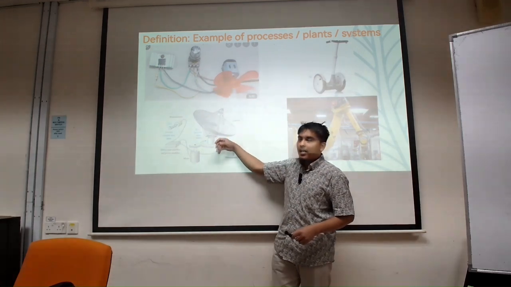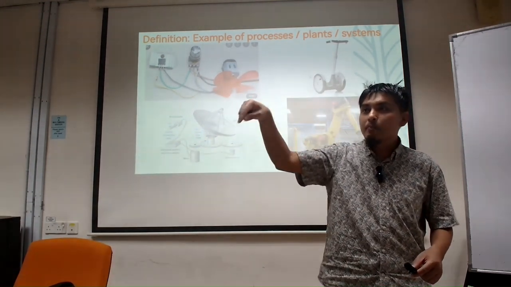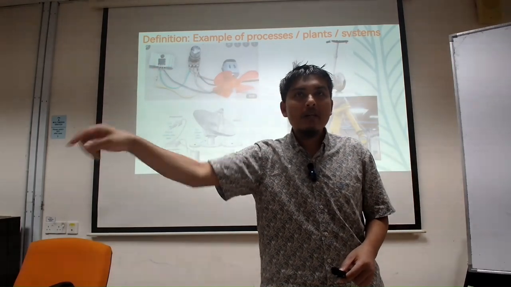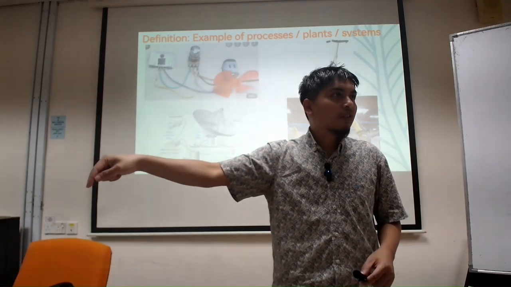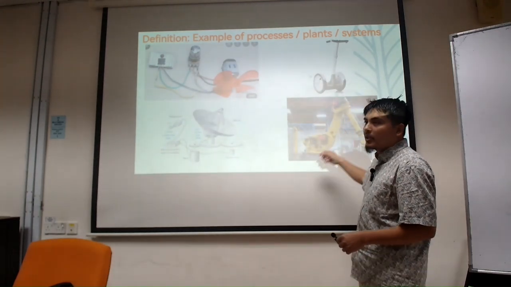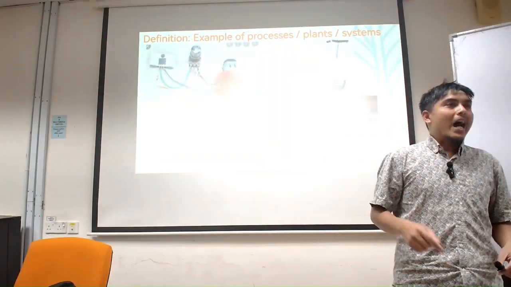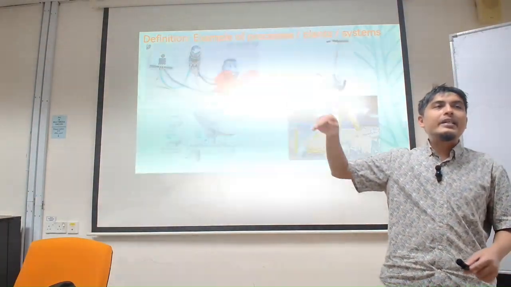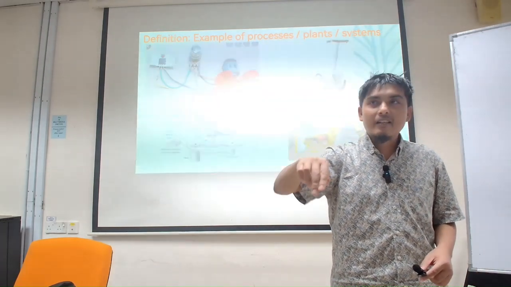Okay? And then this one, the robot arm. You give the position or coordinate to the robot arm, and then the robot arm will go to the coordinate. So for the robot arm, the input is the desired coordinate. The output is that the robot arm will move to the given coordinate.